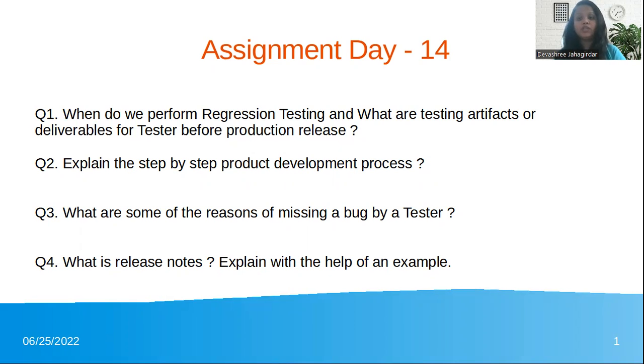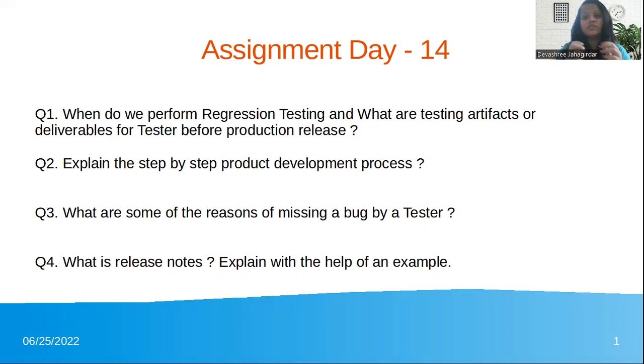Then it comes to the developers, where they start writing the code. Meanwhile, the testers will start writing the test cases, as they were present in the requirement gathering process. They know the requirements, so they start writing the test scenarios accordingly.